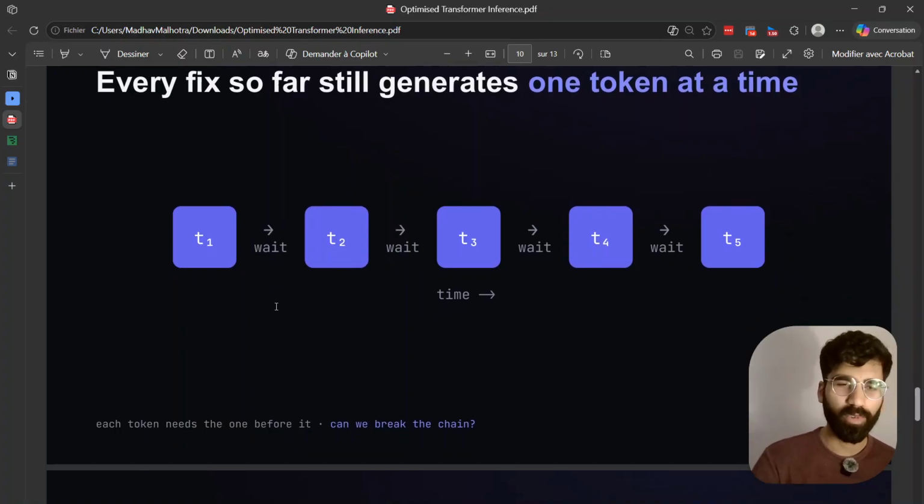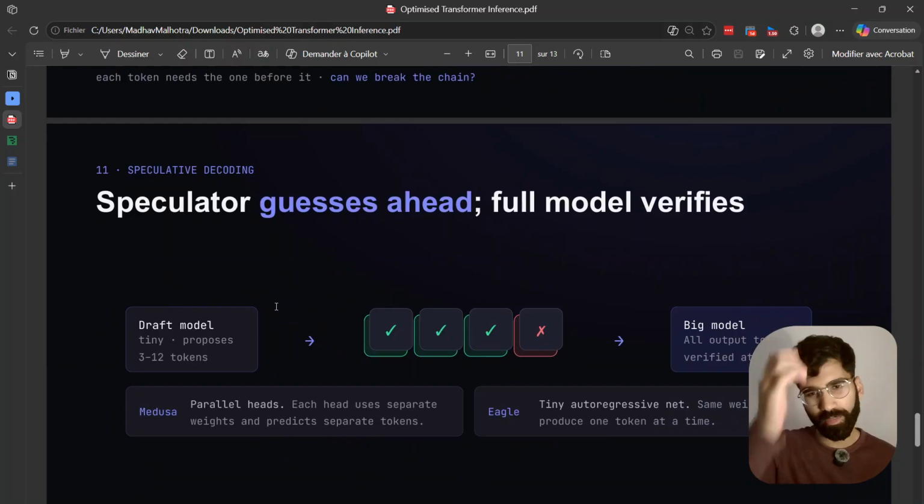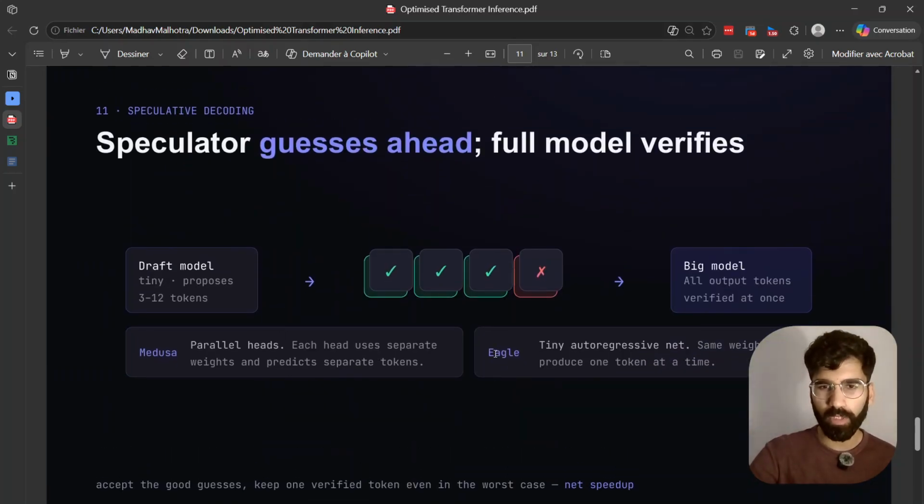This is where I found a lot of interesting ideas. In fact, one of the main approaches here, Eagle, is actually from a prof at my university that I should probably reach out to. Anyways, the category of approaches is called speculative decoding.